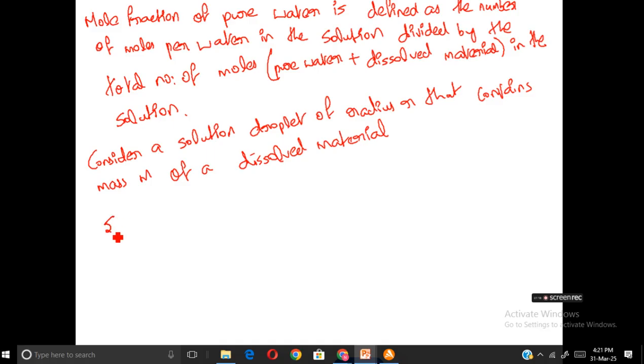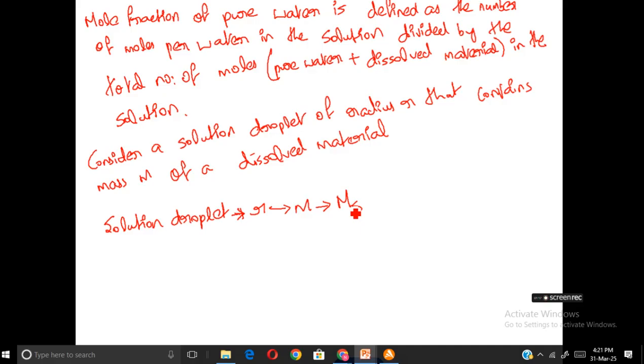So we have a solution droplet. The size of the droplet is r. The mass of dissolved material is m, and the molecular weight of the solute is Ms.